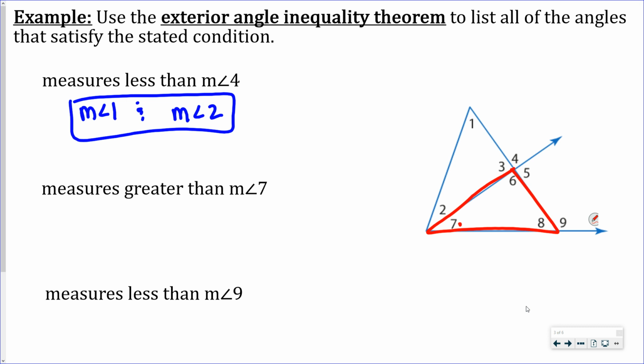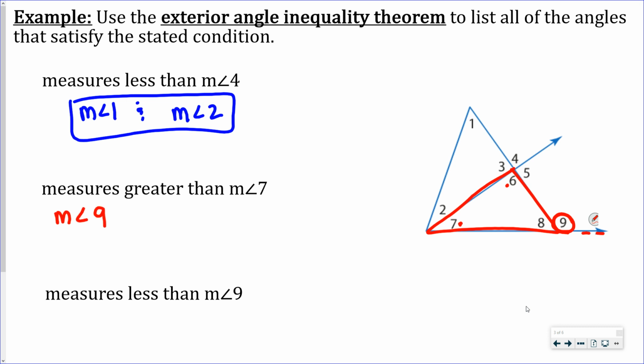So I'm looking for exterior angles that are going to be greater than angle 7, which is an interior angle. So I look here, and if I extend this side, I see angle 9. Angle 9 has to be greater than 7, and what other angle? 6. Yep, the 2 remote. 9 has to be greater than 7 and 6. So one angle that has to be greater than 7 would be 9.